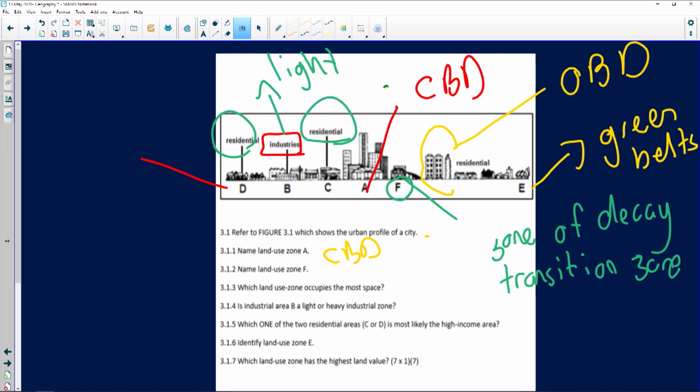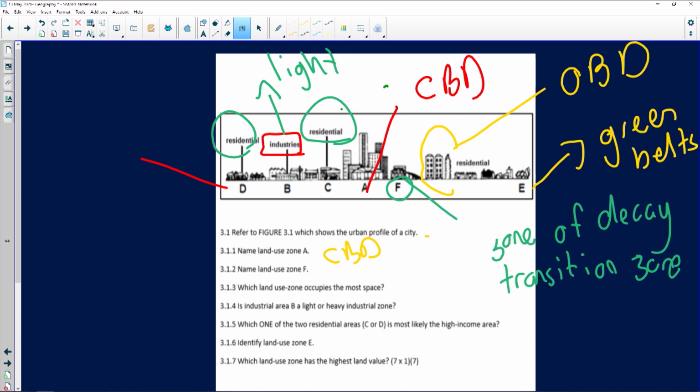If we can identify these residential areas, let's have a go at it. The residential area closest to the CBD, what would you say? We can distinguish between three different residential areas: low-income, middle-income, and high-income. In our urban profile, the low-income residential areas we usually find closest to the CBD. The simple reason is that it's less transport cost. People don't have to spend a lot of money on transport to get to work.